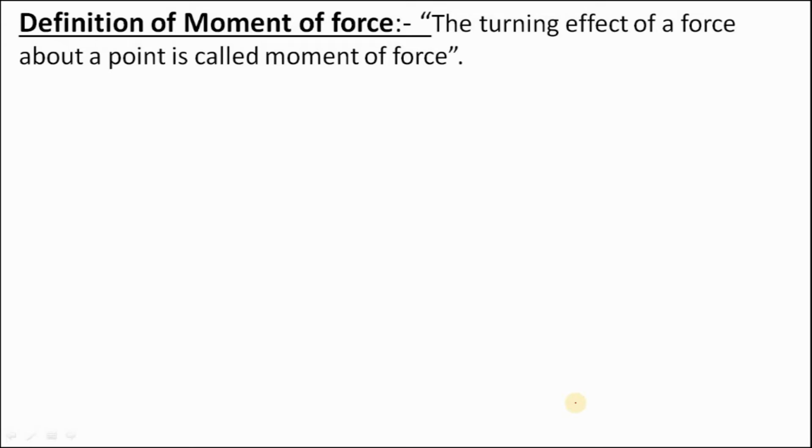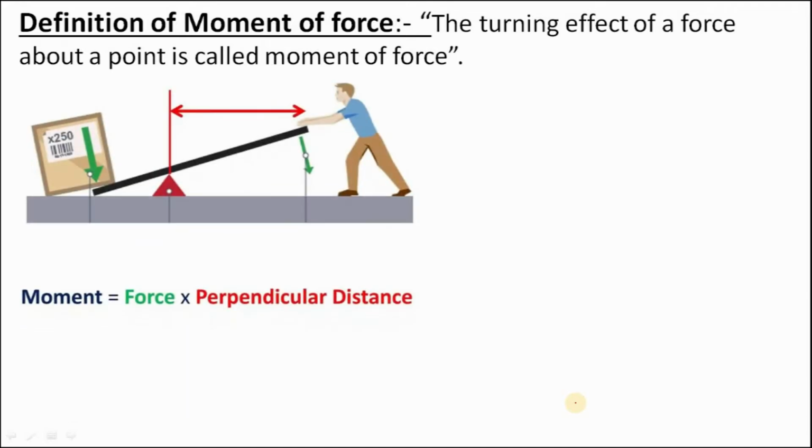So how can we understand this? Let's check it out. For example, to lift a heavy box, we can use a lever or one rod. By applying a little bit of force here, we can lift this box easily. We can do these things in our daily life.